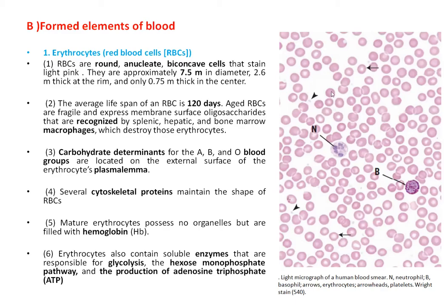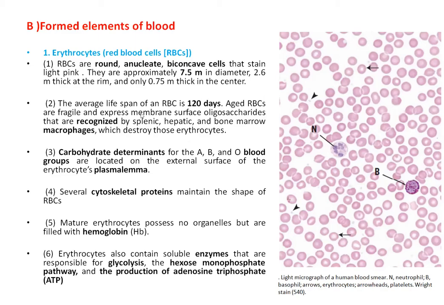They are approximately 7.5 micrometers in diameter. The thickness is 2.6 at the rim and only 0.75 in the center, meaning dilated in the center and thicker at the rim.